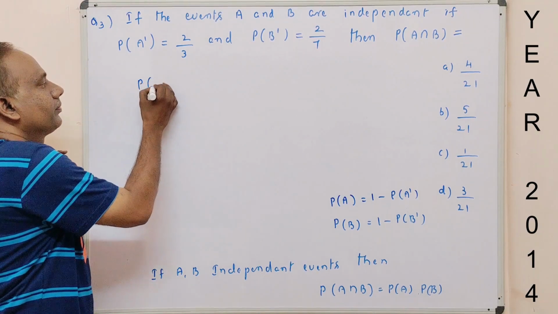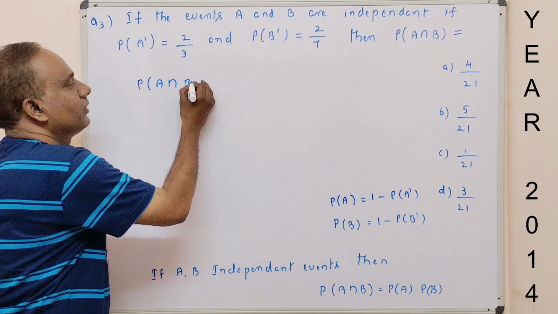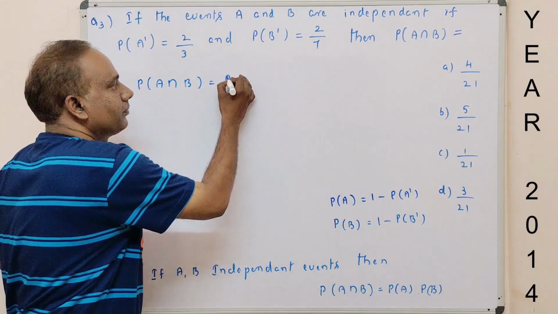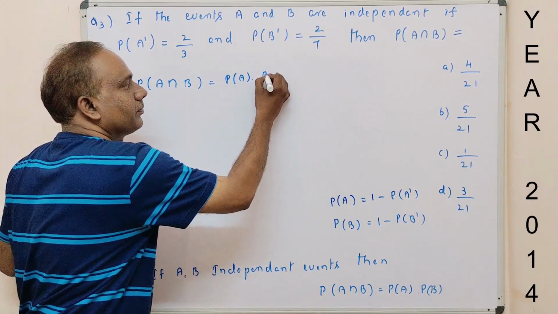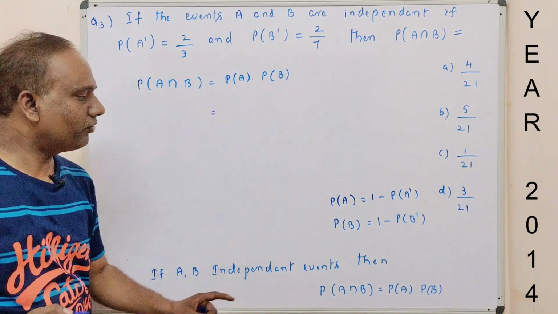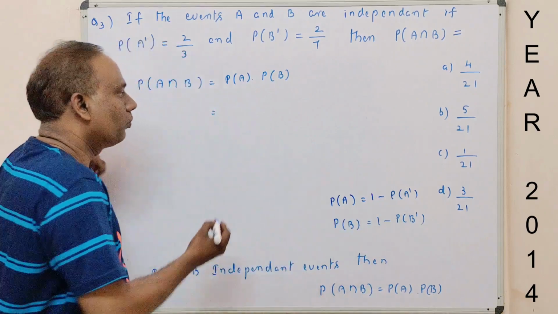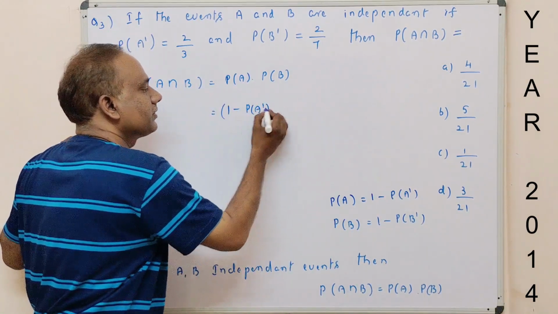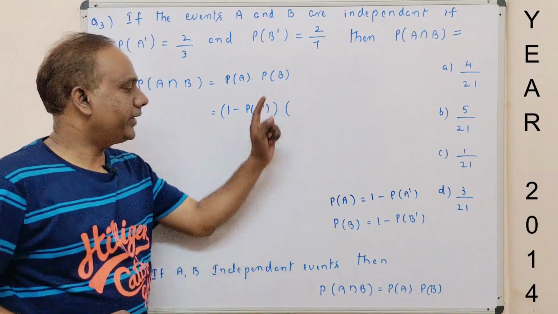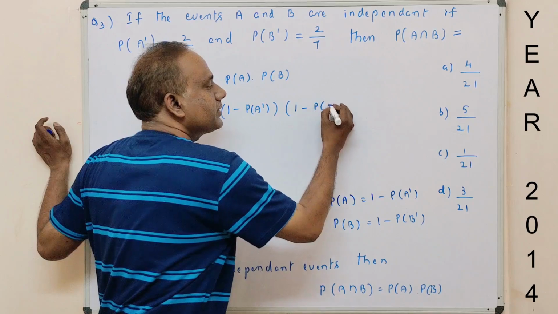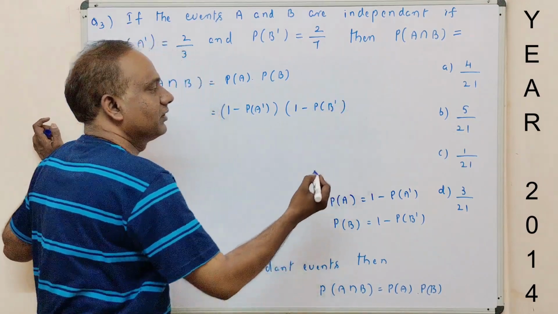So P of A intersection B is equal to P of A into P of B. So P of A can be written as 1 minus P of A dash, and P of B can be written as 1 minus P of B dash.